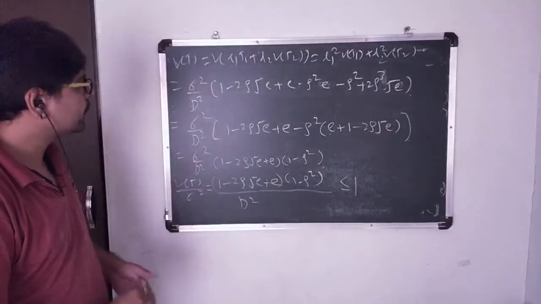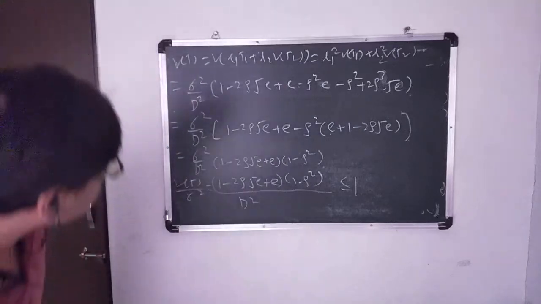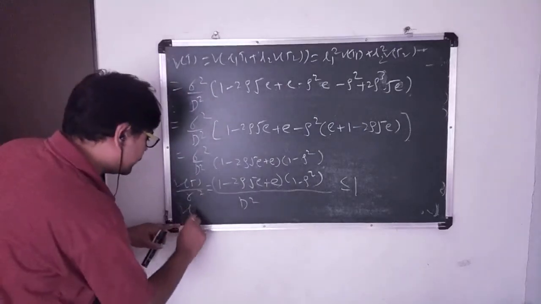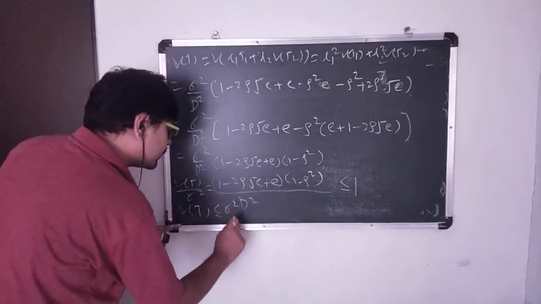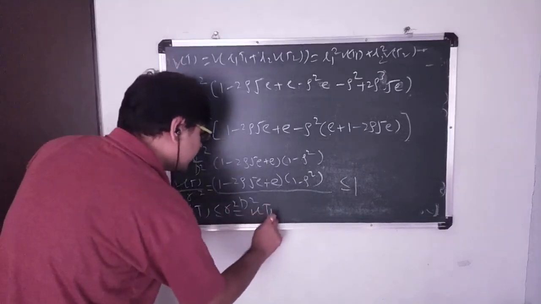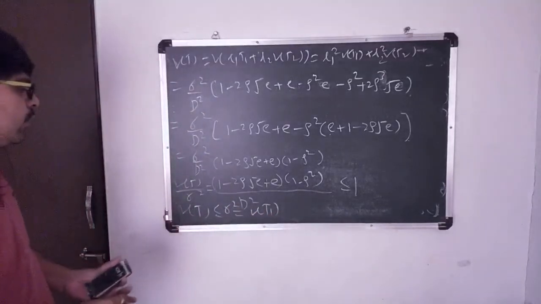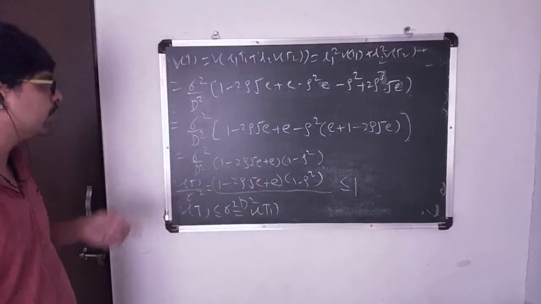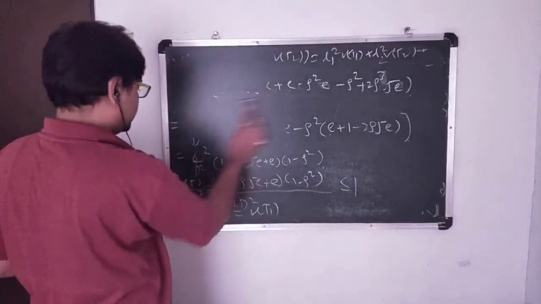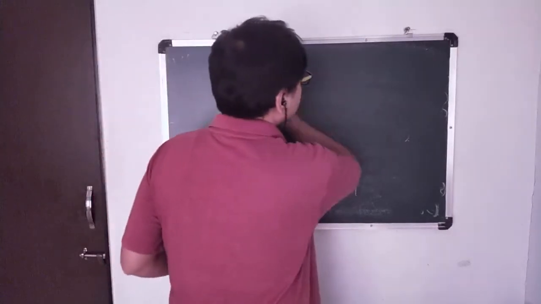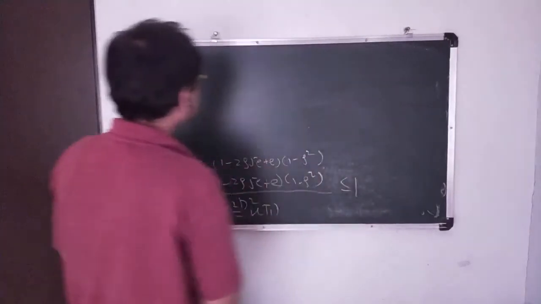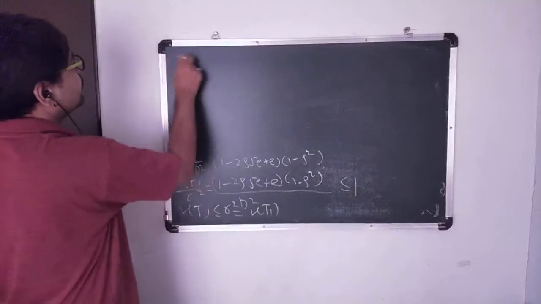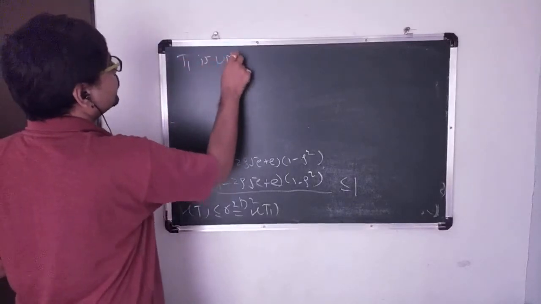What does it mean? Variance of T is less than or equal to sigma square, which is variance of T1. But T1 is UMVUE.